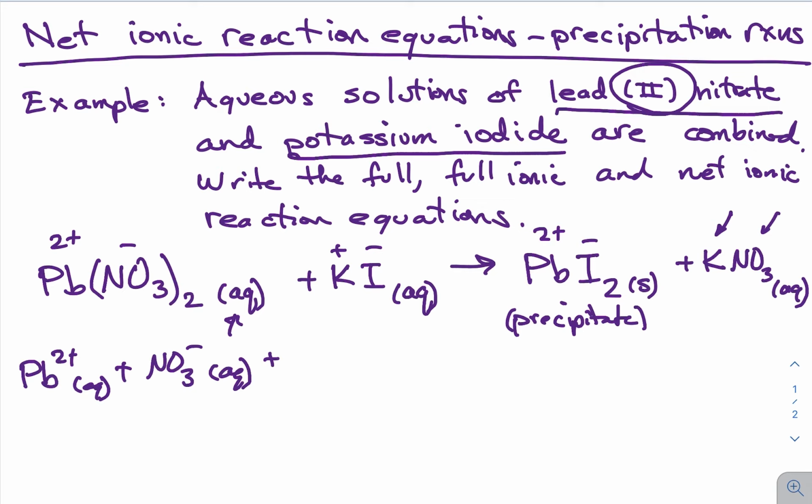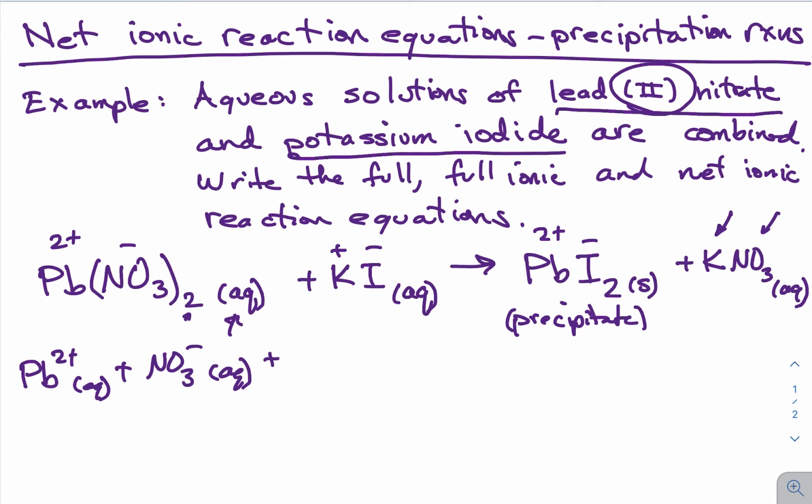I'm being a little loose with the coefficients here, as I tend to be. Because there are 2 of these, we really ought to put a 2 out in front here. I find that confuses things, so I'm going to drop the coefficients. Just be aware that we didn't even balance the full equation. So if you're asked to balance, you should do that.